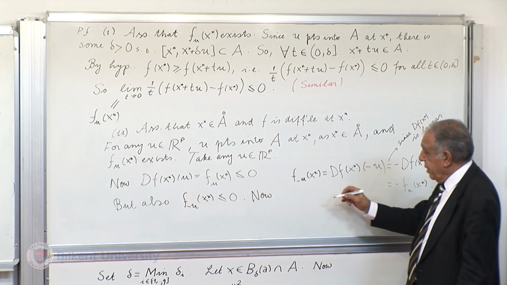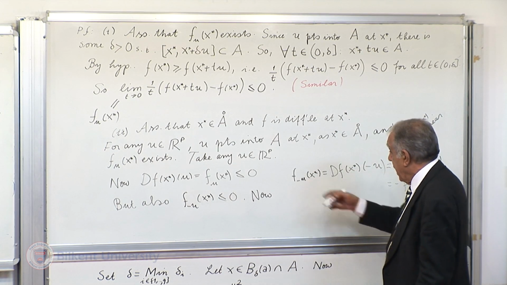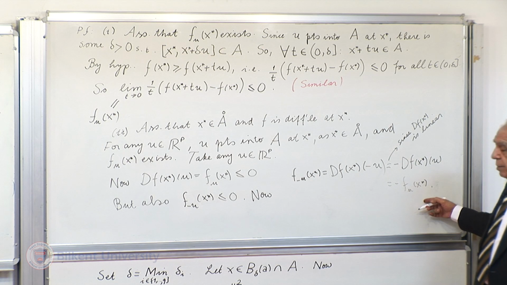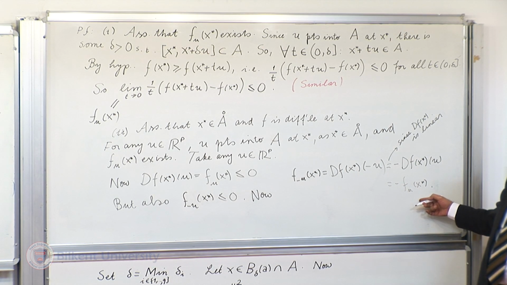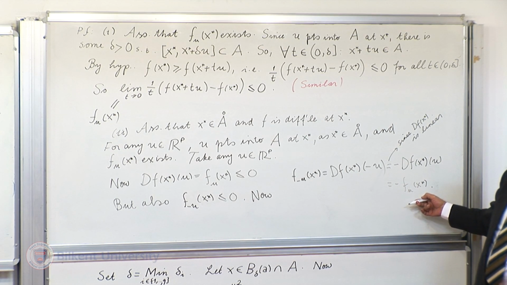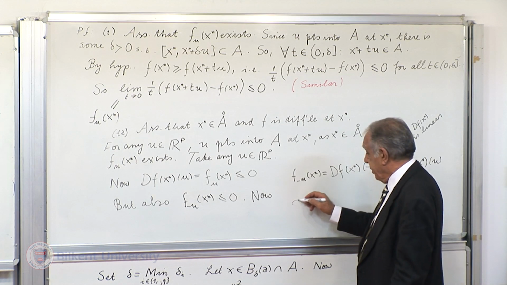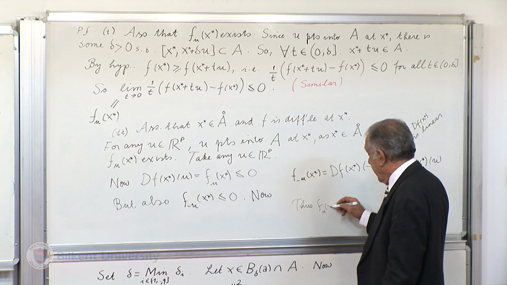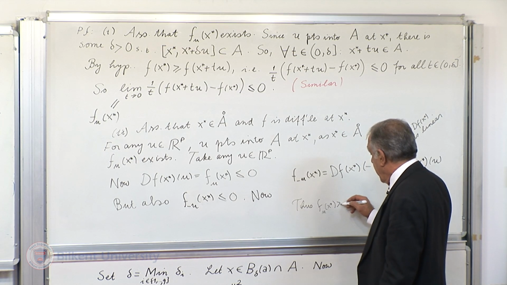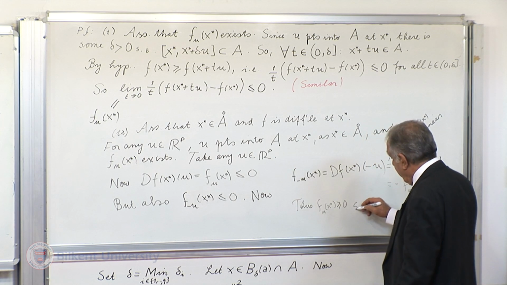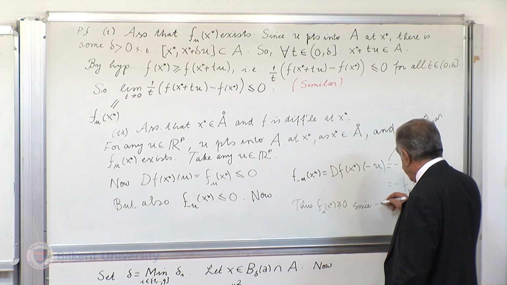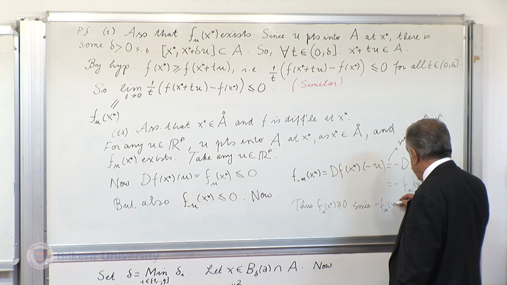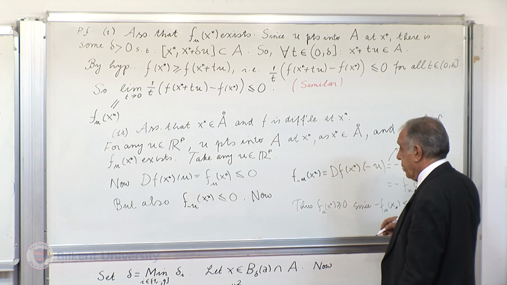So if this is less than or equal to 0, f sub u of x star is larger than or equal to 0. Thus, f sub u of x star is larger than or equal to 0. Well, let me write it, although it's clear, since minus f sub u of x star is less than or equal to 0.